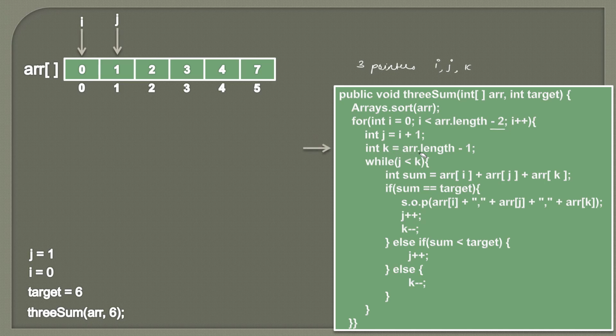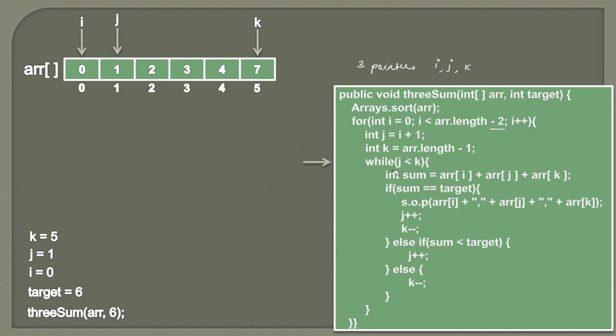We will start it from array.length - 1. It means the third pointer will start from the last index, which is array.length 6 minus 1, which is 5. So k will start from 5. We will see its significance, why we are starting it from array.length minus 1.